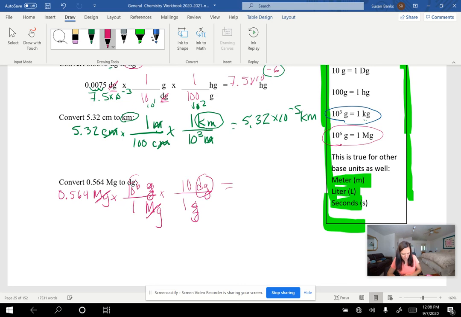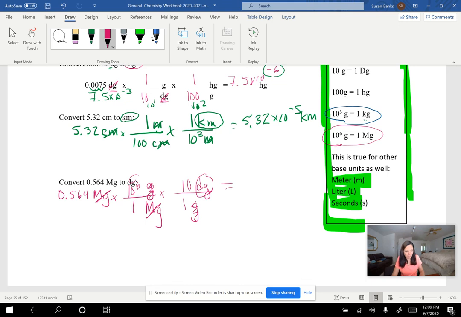Which is what I want. So I'm going to take 0.564, and because these numbers are now on top, I'm going to use them as multipliers. 0.564, I'm going to multiply it by 1,000,000 or 10 to the 6th, and then I'm going to multiply it by 10. So this is how I would put it into my calculator right here.